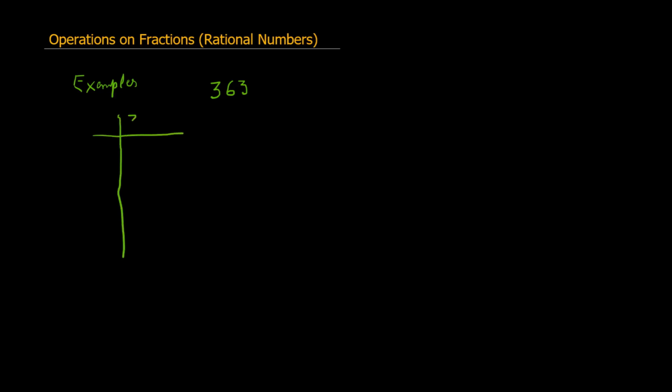So make two lines like this and write down 363 here. Now first start from 2. Whether this number is divisible by 2? Well, there is no 0 and no even number at the end, so the number is not divisible by 2. So now come to 3.